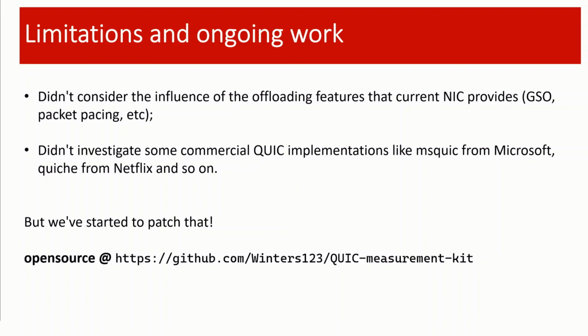Okay, to sum up this work, this is a very first step to look at the primitives that should be offloaded onto SmartNIC for QUIC, and there are certain limitations in it. For example, we didn't consider the influence of the offloading features that current NICs provide, like GSO, packet pacing, and so on.